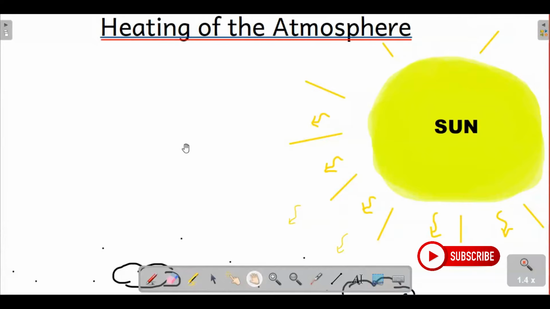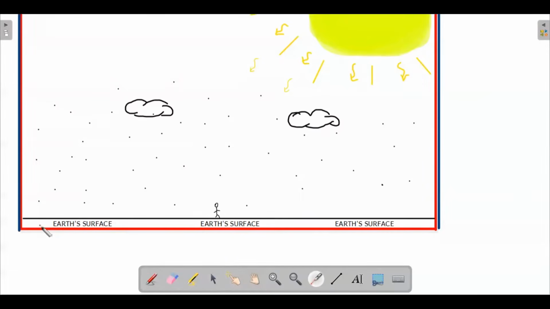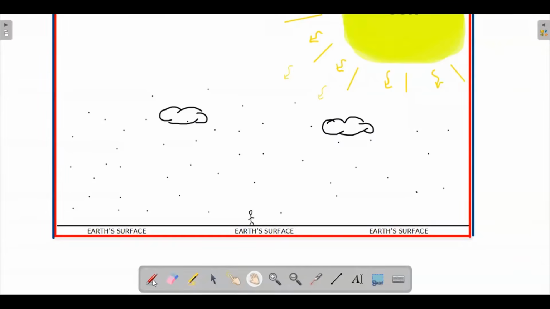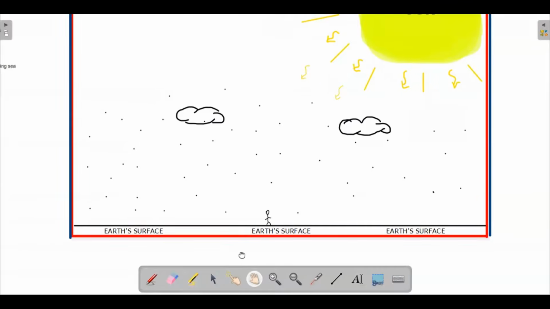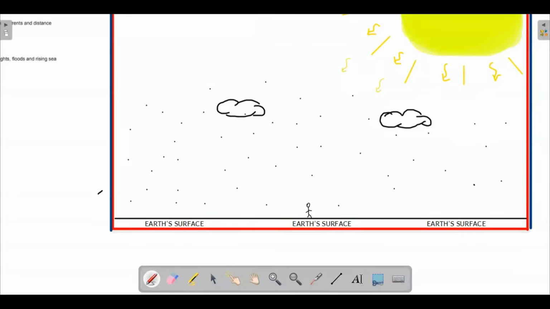So without wasting any time, guys, we have to get into it, right? So we have the Earth's surface, okay, the Earth's surface right over here, which is the ground. And by the way, what did we say is the layer that is closest to the Earth's surface? What is this layer over here? Okay, we can see there's a person over there.